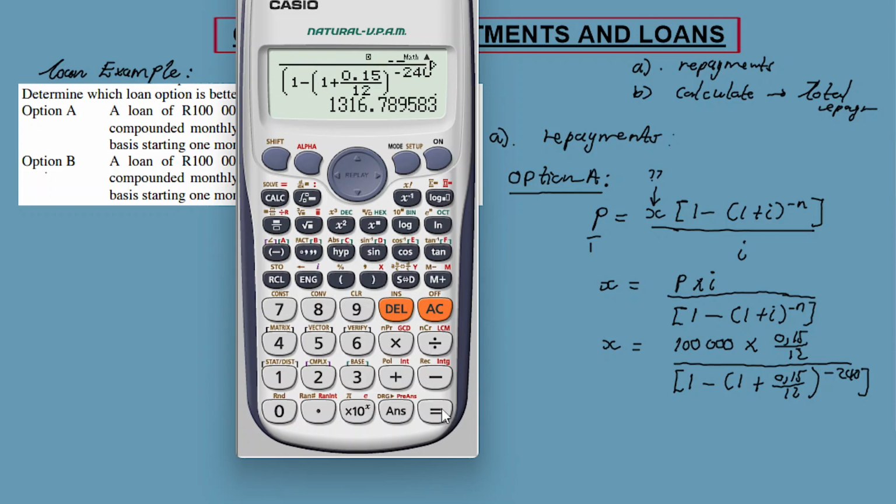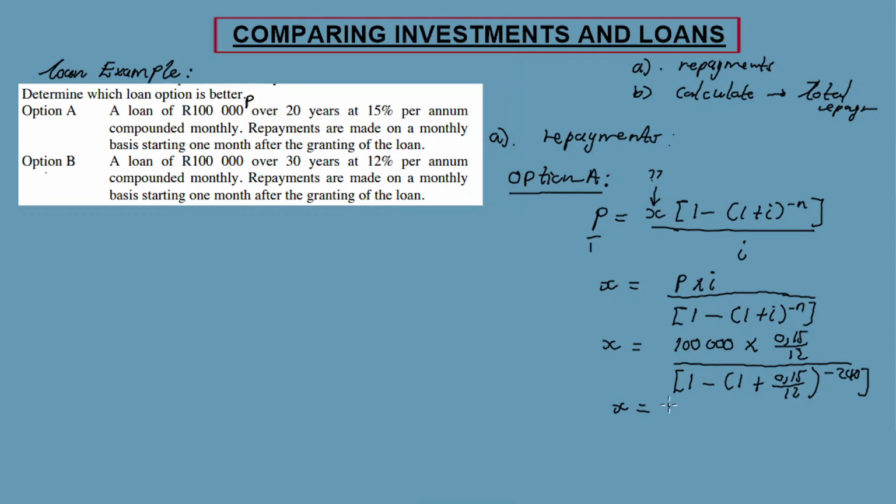There we go. So every month the repayment is 1316.79. Here we go, option A.